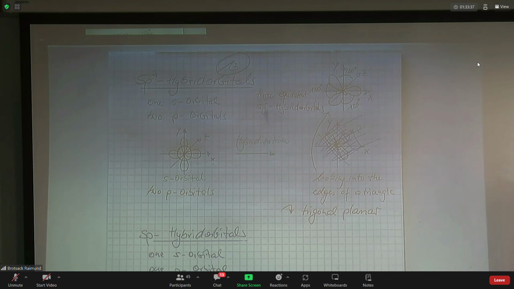The hybridization now we have at the end, looking to the x-axis. And here we have our nucleus.